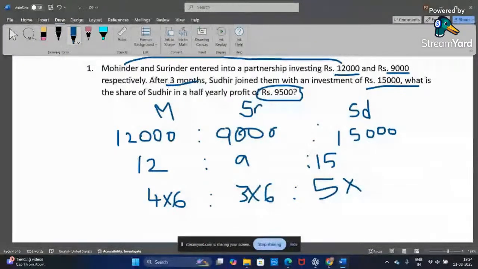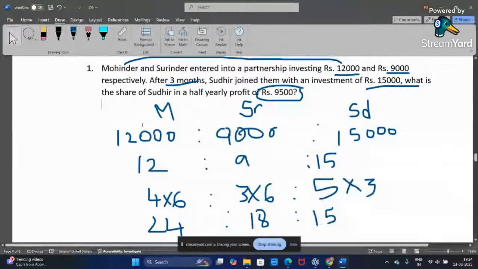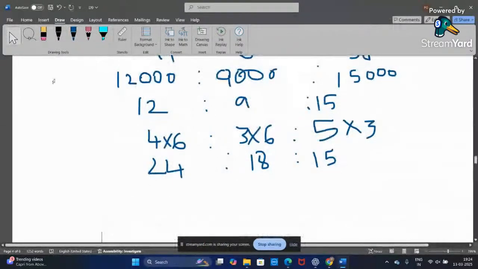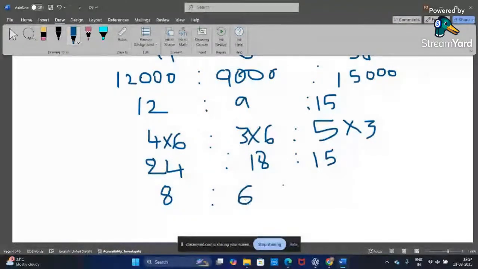Because he is joining after 3 months. So here it is 3. So 6 4s are 24, 6 3s are 18, and here it is 15. Solve it further. 3 8s are 24, 3 6s are 18, 3 5s are 15, sorry.